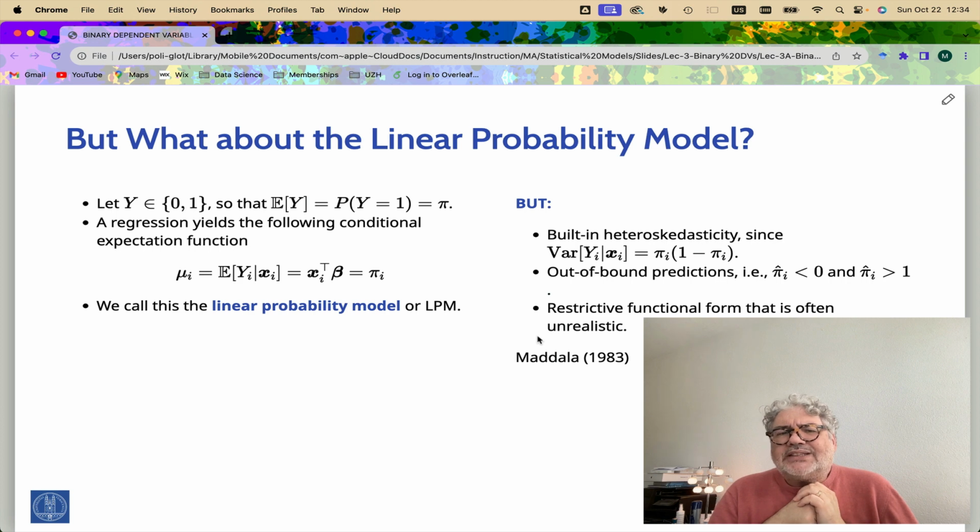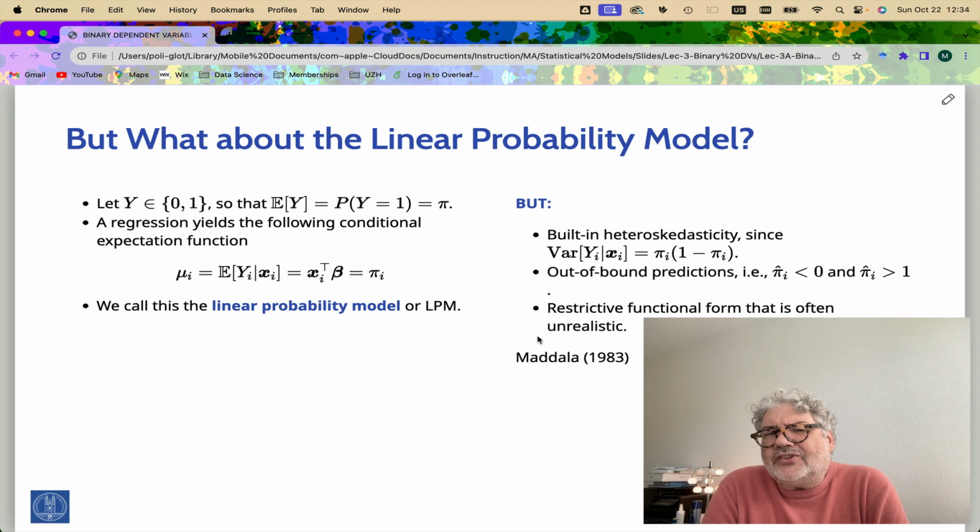They arise because ordinary least squares doesn't know that what it is effectively doing is estimating a linear probability model. It thinks it's estimating a regression model just like any other, and that it so happens that mu i should be equal to pi i. Well, it is blissfully unaware of that.